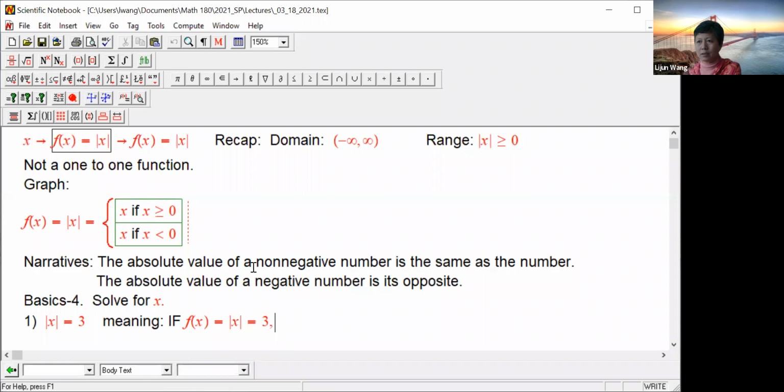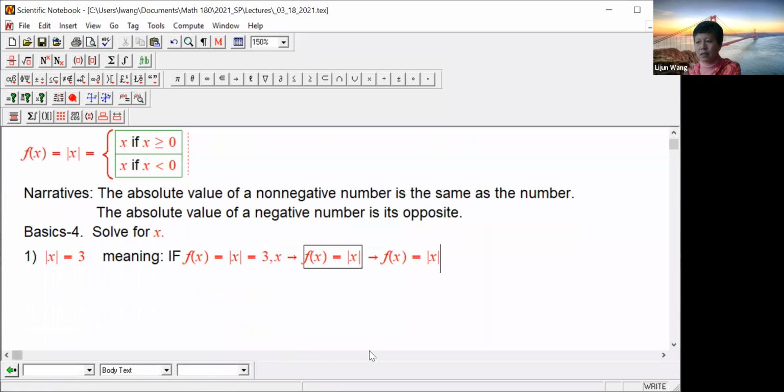In this context, if the output is 3, what are all the possible inputs? That's the meaning. And where do we find those inputs? From the domain.